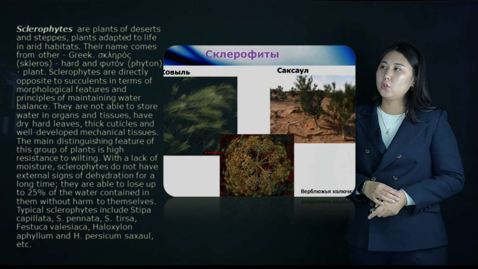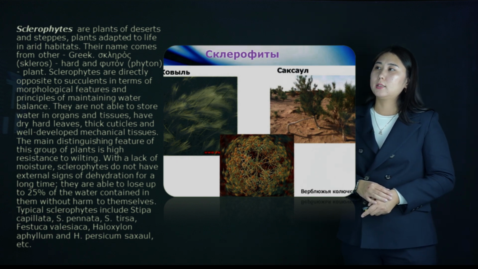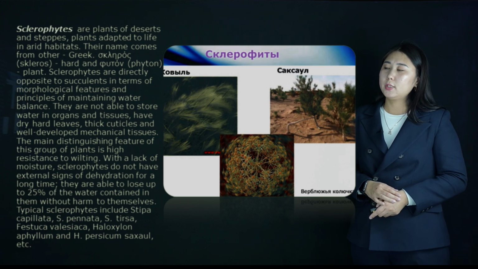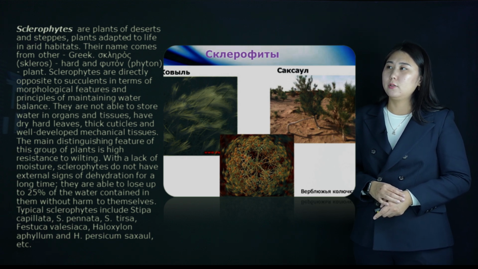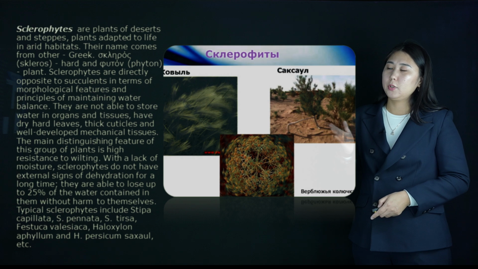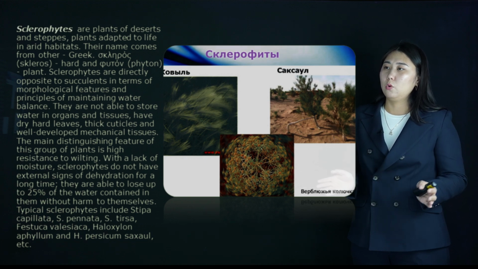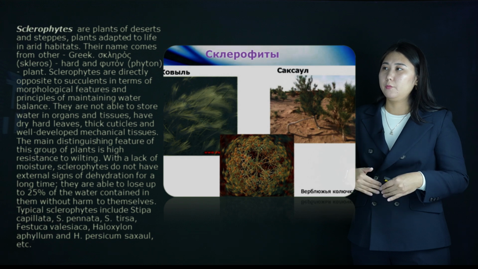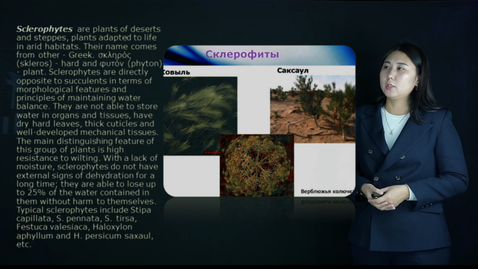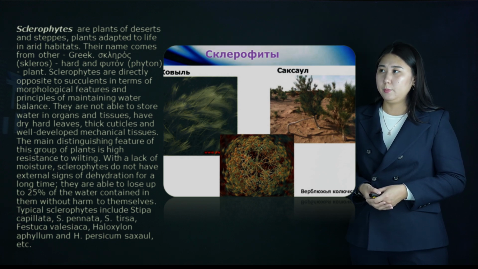The next ecological group of plants is sclerophytes. Sclerophytes are plants of deserts. You can see in this picture, they live in the desert and do not have a lot of water in their body or organism. They are plants adapted to life in arid habitats.